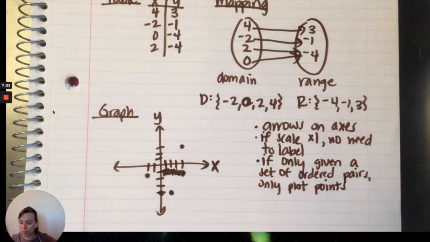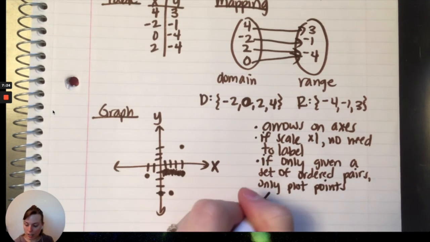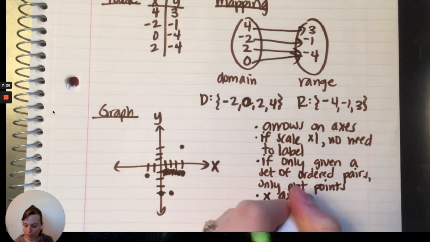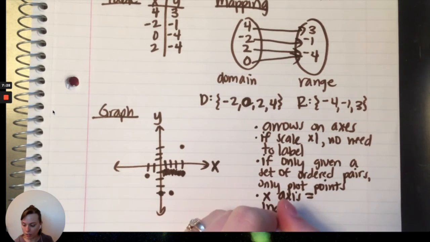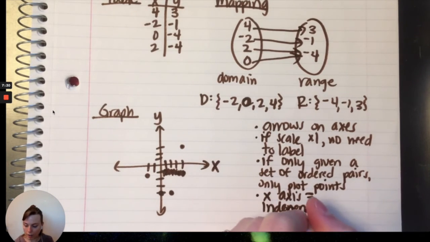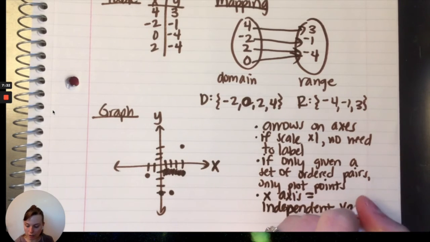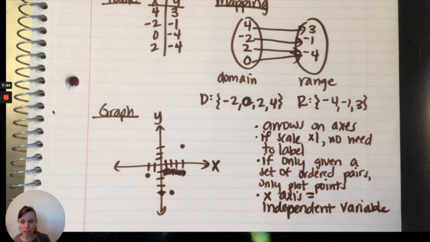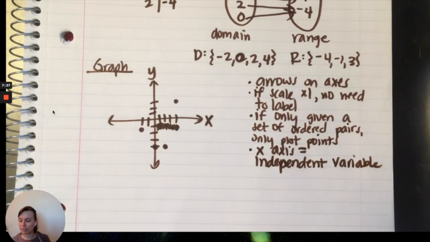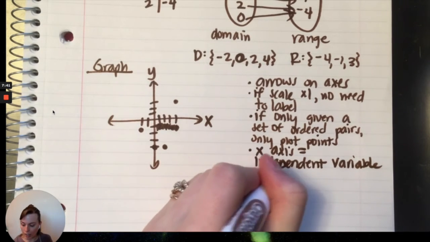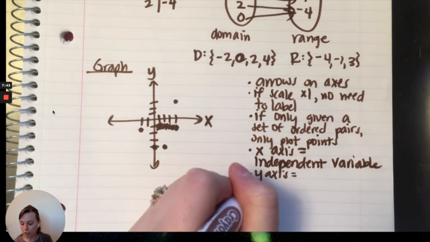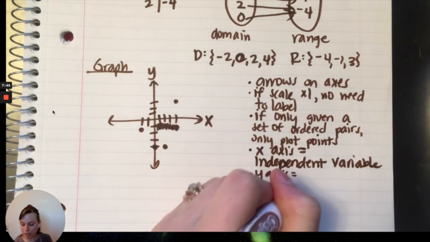It's just points. All right, and the x-axis is where we label the independent variable, which I hope you've seen that phrase before in science class. So x-axis is independent variable, which is typically time. And then the y-axis is whatever else that you are measuring, which is your dependent variable.